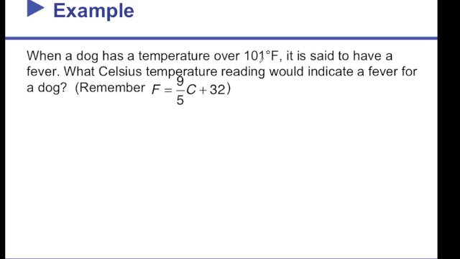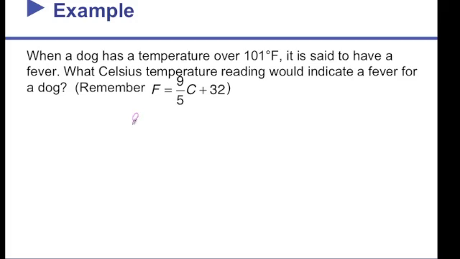When a dog has a temperature over 101 degrees Fahrenheit, it is said to have a fever. What Celsius temperature reading would indicate a fever for a dog? Remember the equation, Fahrenheit temperature equals 9/5 of the Celsius temperature plus 32. We're looking for when the dog has a fever, so we're looking for when this is greater than 101.